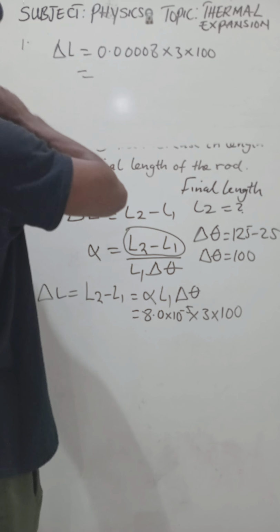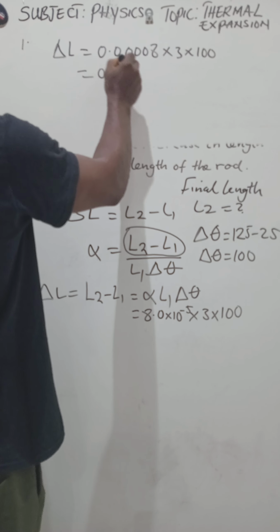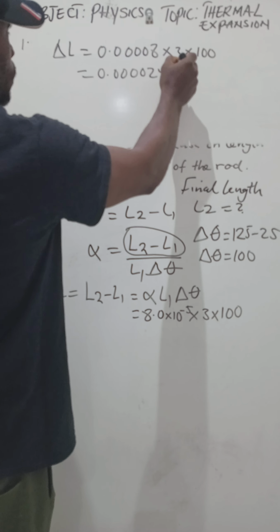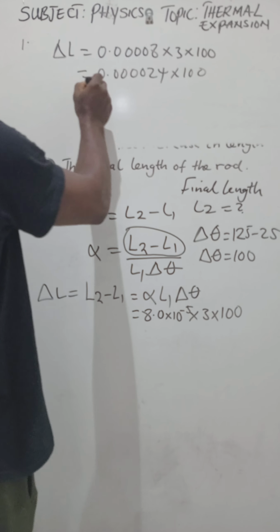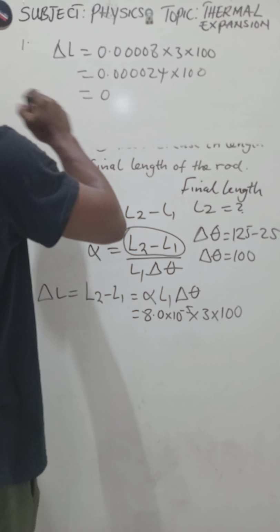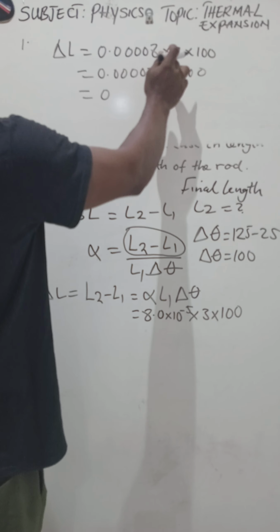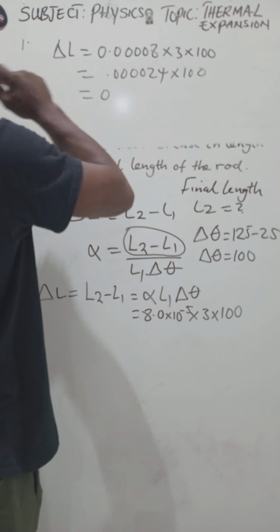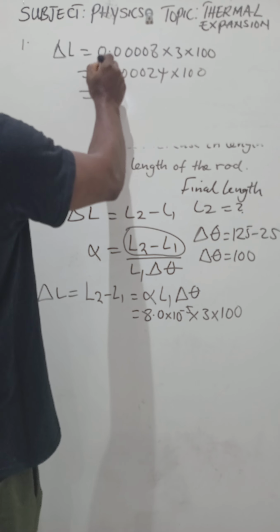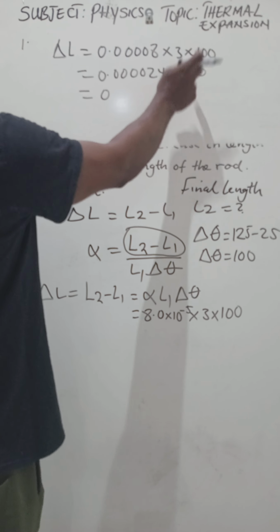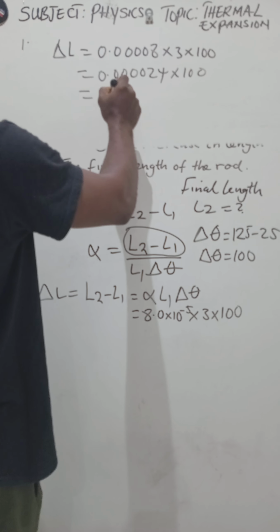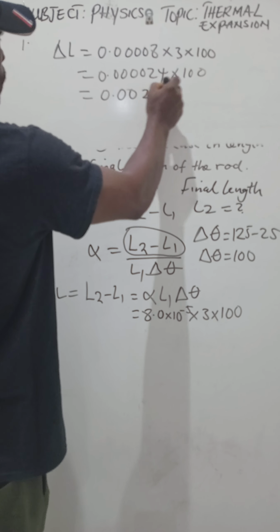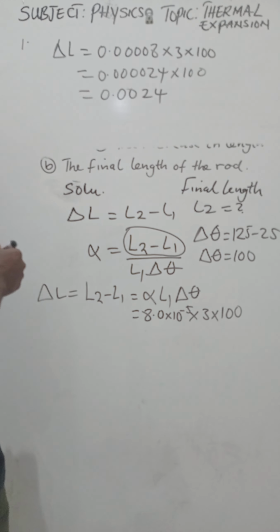And this is the same thing as 0.000024, since 3 times 8 is 24, multiplied by 100. So multiplying by 100, it will become 0.0024. So this is the increase in length.